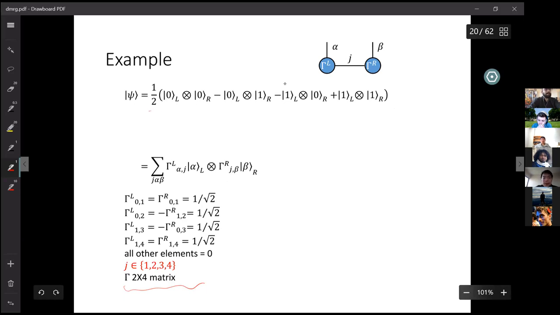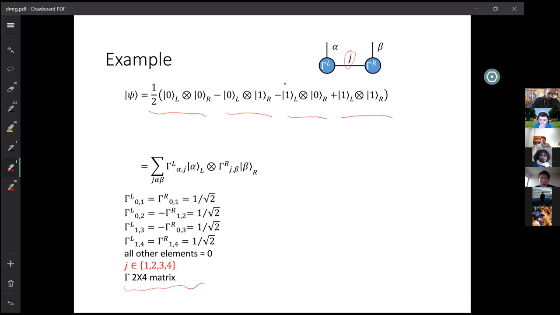So what we do is, we notice there are four ways the left and right subsystems are entangled together. So we have this leg called the internal entanglement bond. In the end, the wave function looks like this, and we are summing over the J index. So we can assign each term, or each way of entanglement between the two parts, to one index of J. For example, J equals 1 gives the first term, and J equals 2 gives the second term.